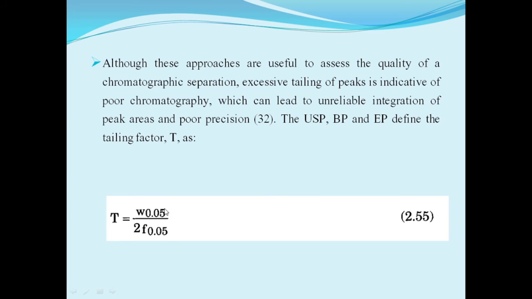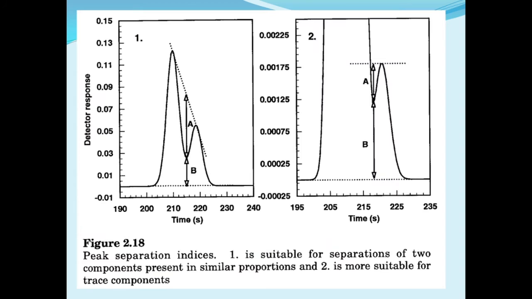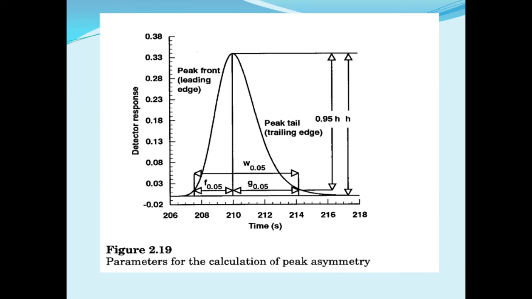F is measured according to figure 2.19. This is the parameter for the calculation of peak asymmetry.